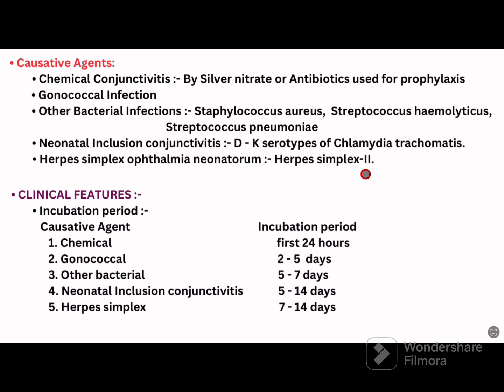Okay, so this is an exception. Now, this can remain dormant in the ganglia for years together in the newborn. As a matter of fact, herpes simplex 2 infection in the mother is an indication for a cesarean section. Do not go for a normal delivery in cases where the mothers are infected with herpes simplex 2.